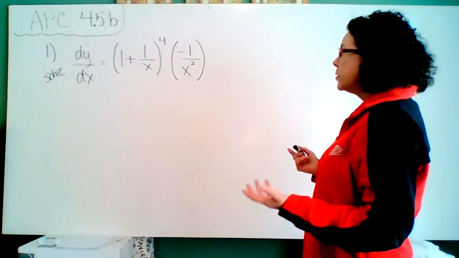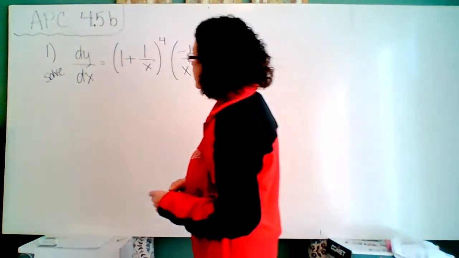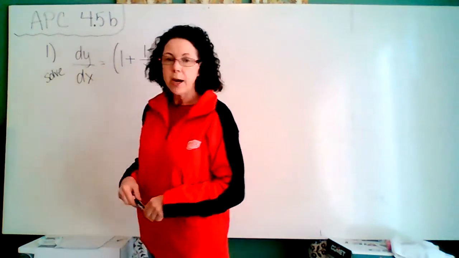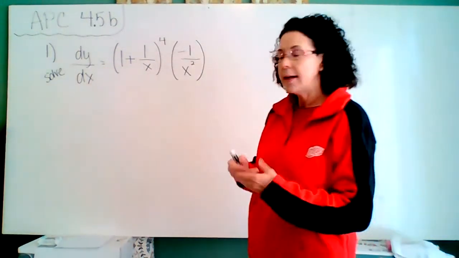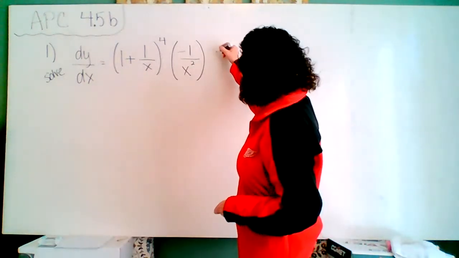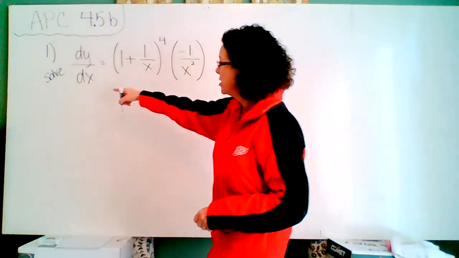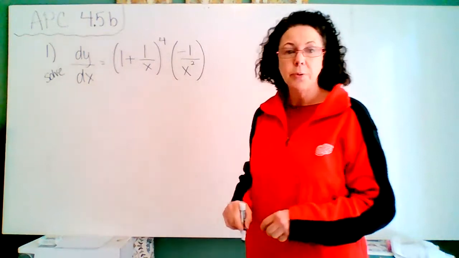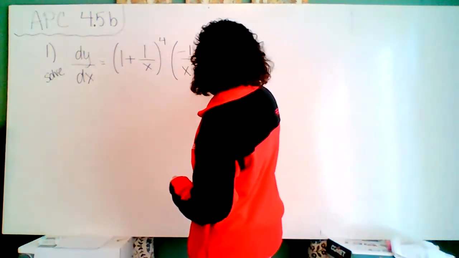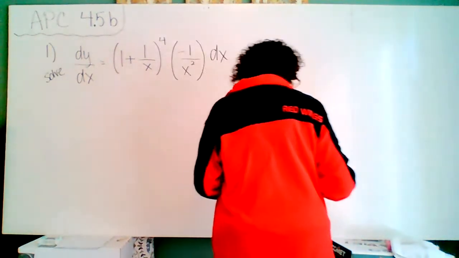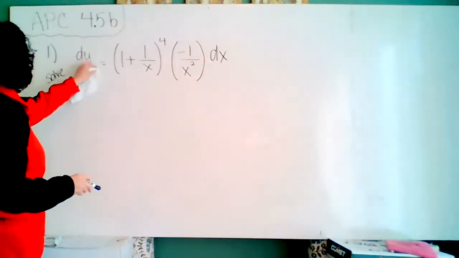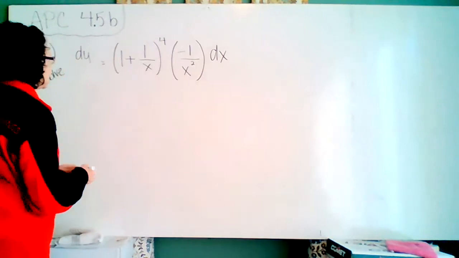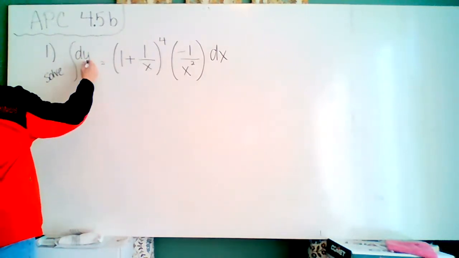So the first thing we're going to do is, what I'd like to have is just a dy on the left. So when I integrate, the derivative and the integral cancel each other out. Plus, the variable of integration dx has to be with the x variables. So I'm going to multiply both sides by dx. And that will eliminate the dx on the left and put it on the right where it is properly supposed to be.